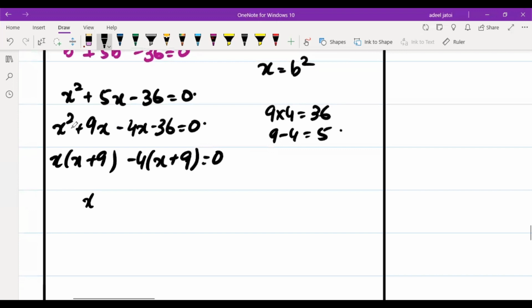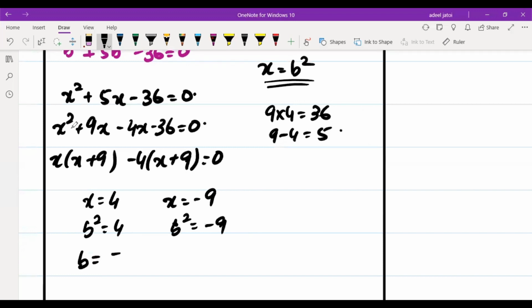One value of x is 4 and the other value of x is negative 9. But we knew that x was b square. So b square is equal to 4, b square is equal to minus 9. b will be plus minus 2, and this should be plus minus 3 iota.